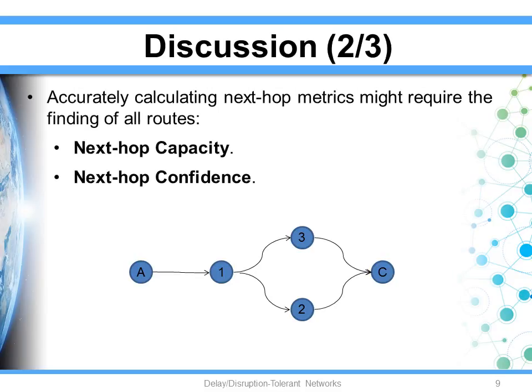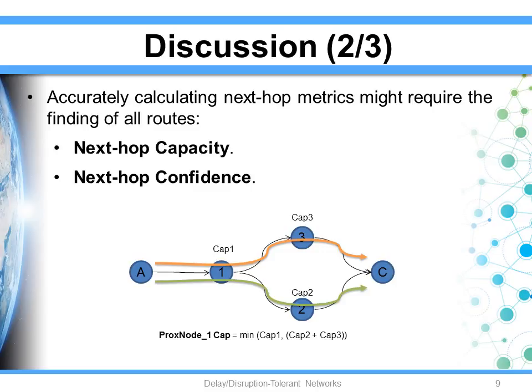An interesting discussion about whether we want to find all or some routes out of a graph is how accurately we can calculate a next-hop metric if we do not find all routes.